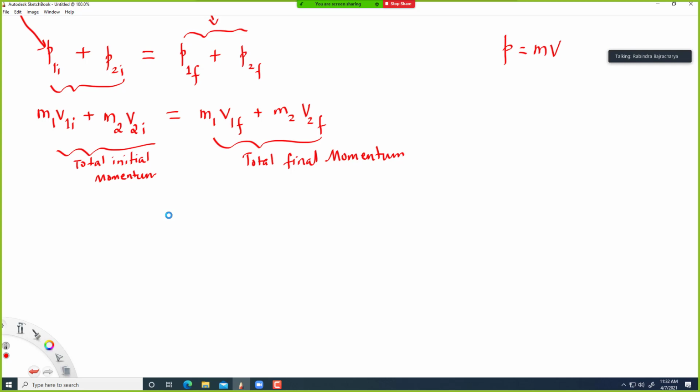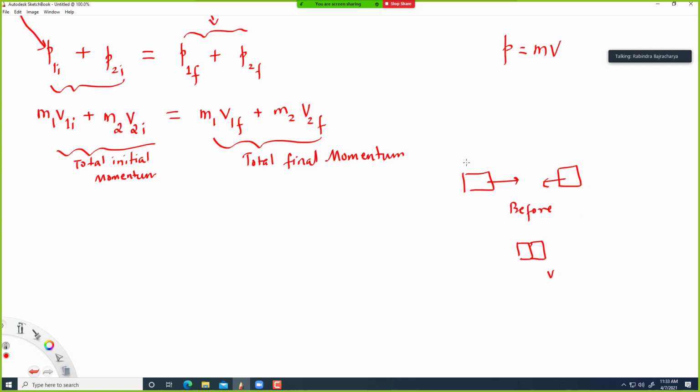So the cars collide head on, becoming entangled. Find the speed of the entangled car after collision. Before collision, the cars are moving towards each other. Okay, that's before. And after collision, they become a single system, single mass, and they move either to the left or to the right. We don't know which way they move. So they will move at some speed v.